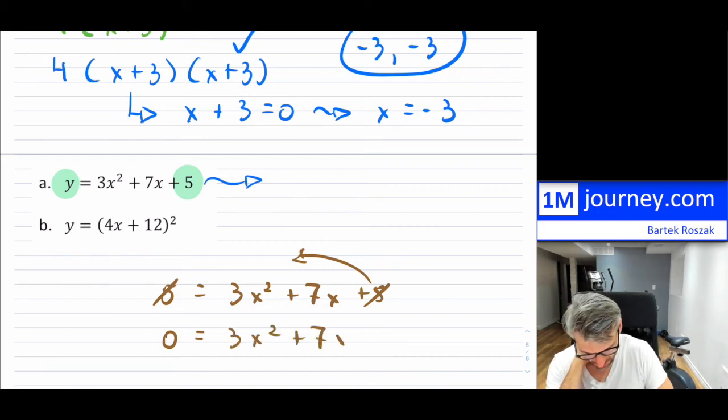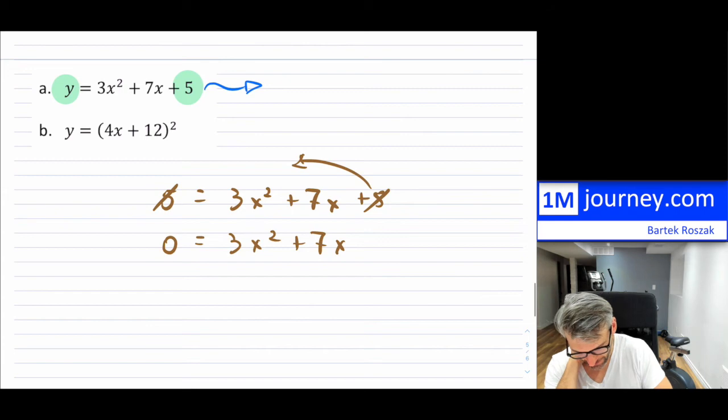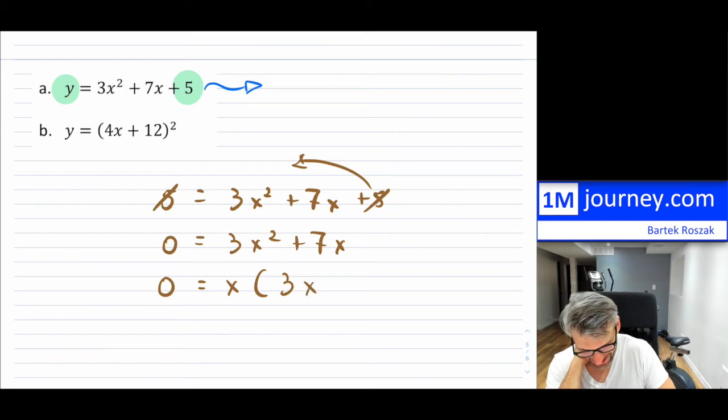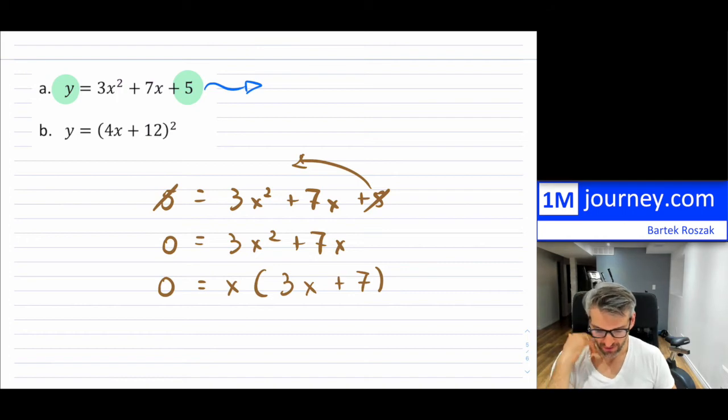Now this is very easy to factor because I'm going to take out the x, and then I'm going to have 3x plus 7. And there you go.